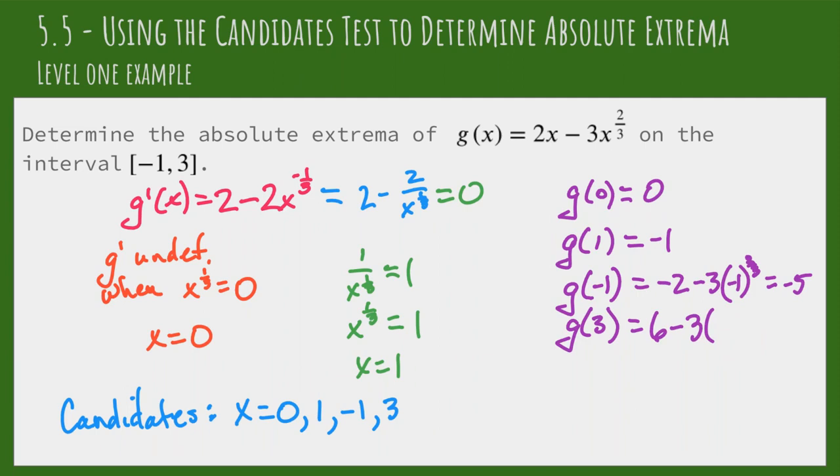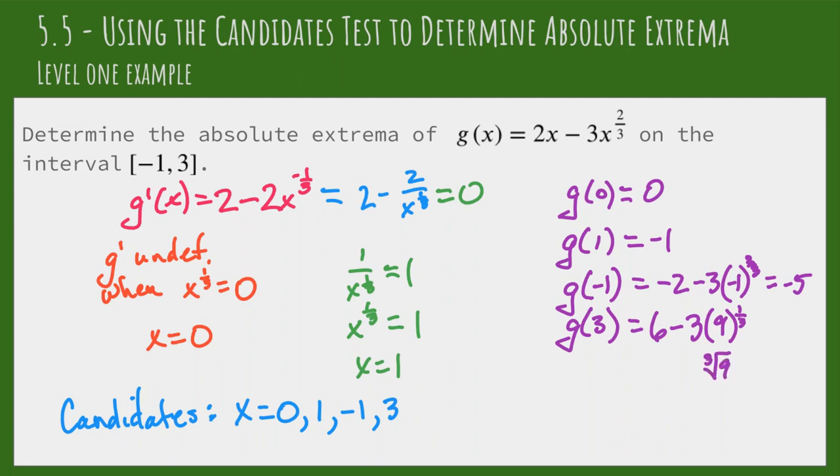Now, the cube root of 4, I don't know what that is, but I'm feeling like I made a mistake here. I plugged in the wrong number at the endpoint. That should be 3 to the 2/3. So this is going to be 9 to the 1/3. Sorry about that. Okay, so 9 to the 1/3, or the cube root of 9.